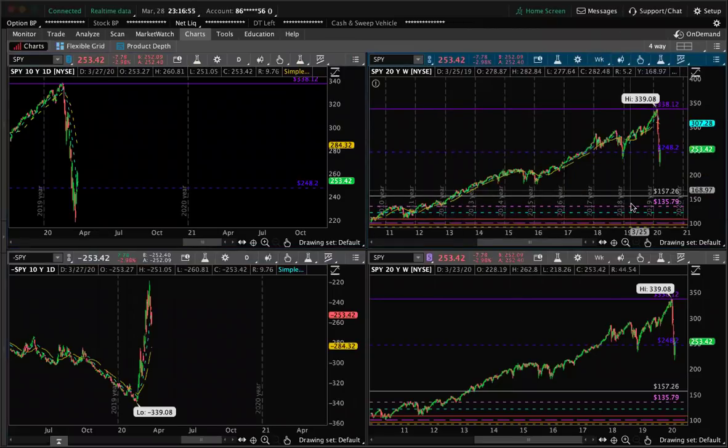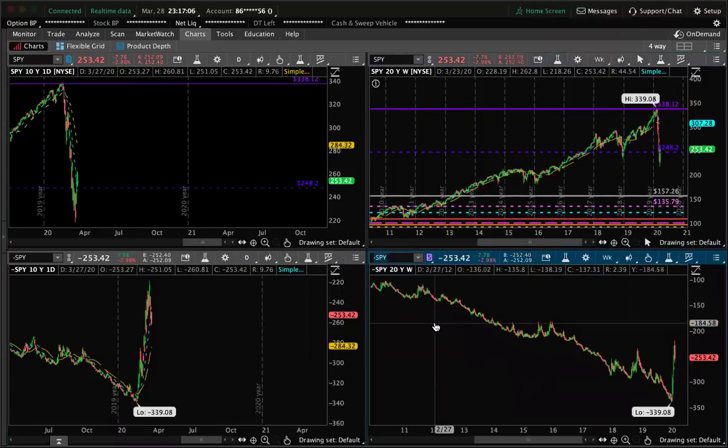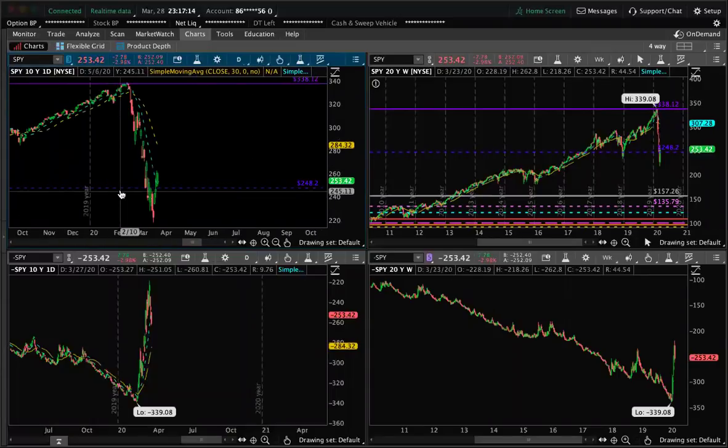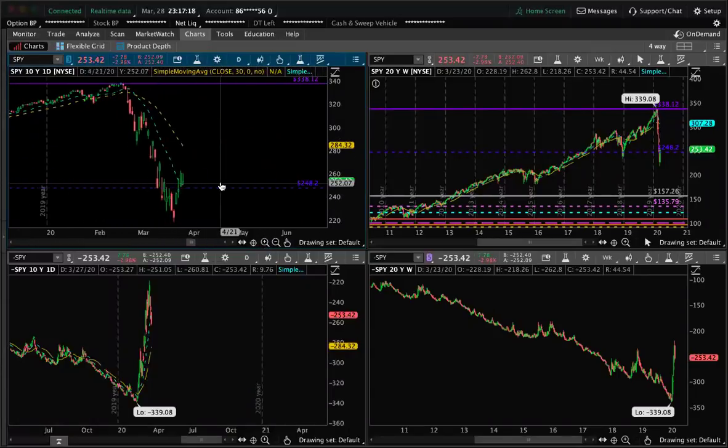So you can see just a couple of things. All right, so weekly on both, and this would be inverted. Perfect. We have daily on the left, weekly on the right. Top is regular, bottom is inverted.